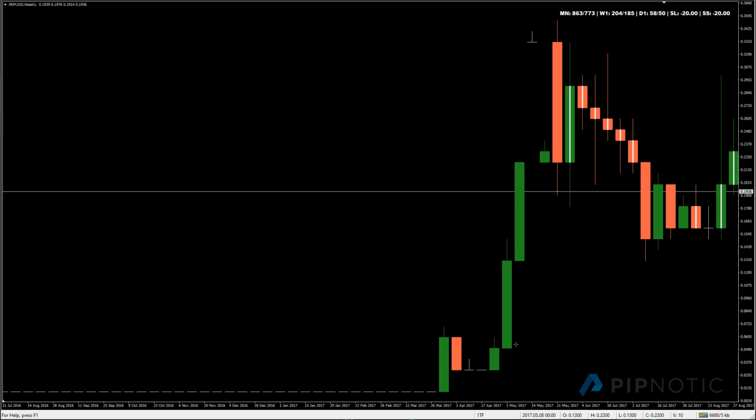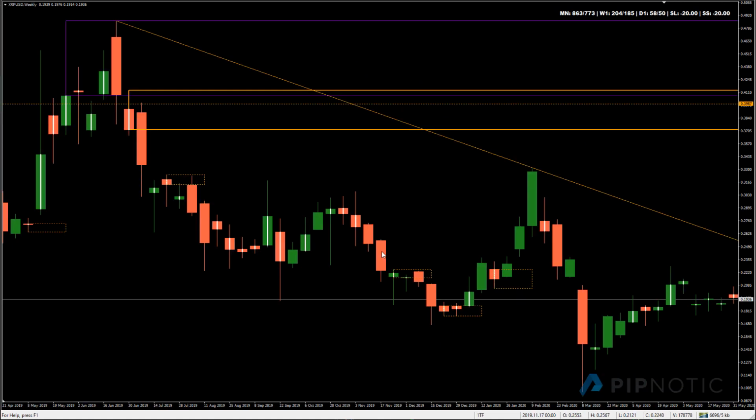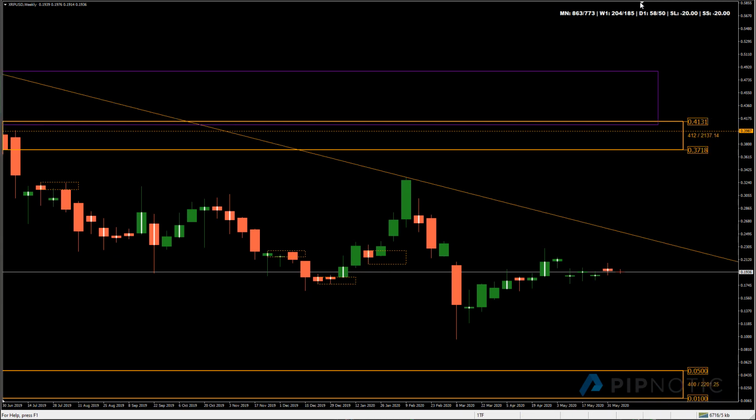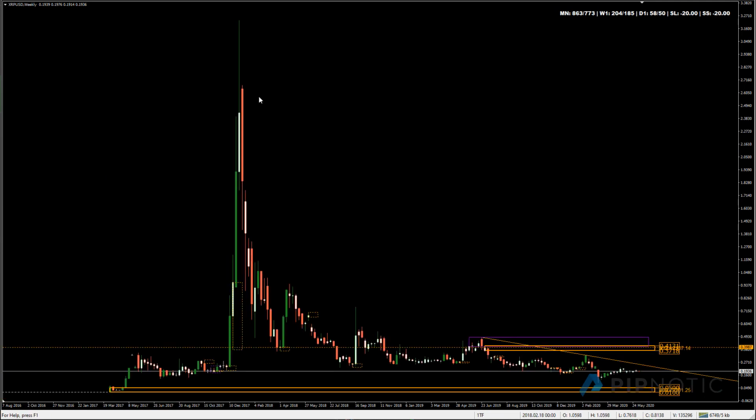So what I would do is think that this would be a very interesting price to buy at if price comes back down there. Let's see how far we are away. This is at the 5 cents level, which is pretty far away from price. We're currently at 19, and I mean, nothing's happening at all.